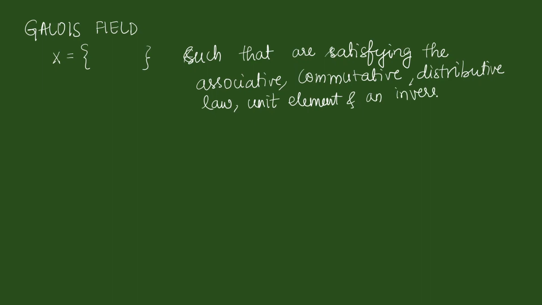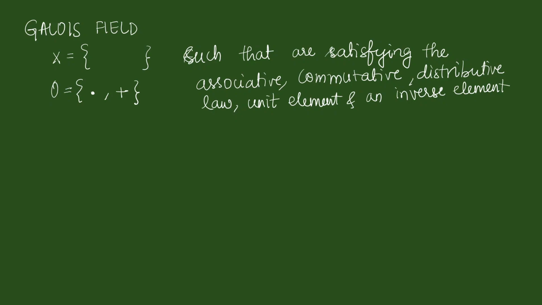So what does that mean? If you do any operation on this particular field, all that operation should satisfy the associative property, commutative property, distributive law, unit element and an inverse element. The operations that we do on this set, for the Galois field, we normally go with multiplication and addition.